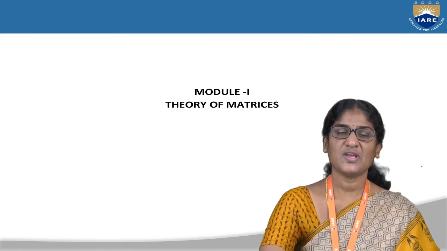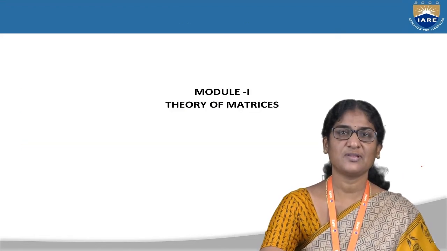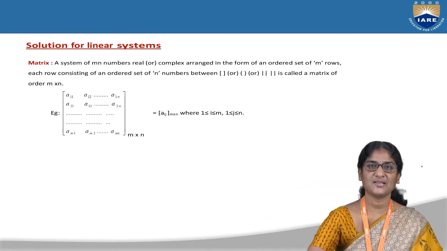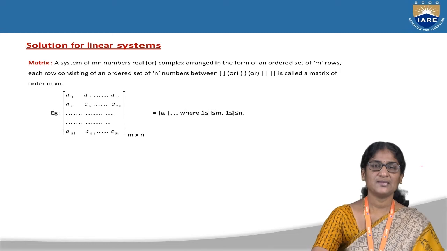We are going to start with the very first module, the theory of matrices. The first thing we have to learn is the definition of a matrix. A matrix is nothing but an array of elements arranged in rectangular rows and columns.